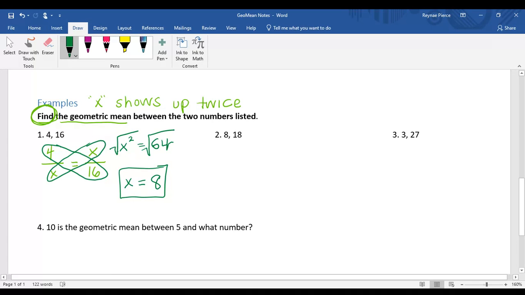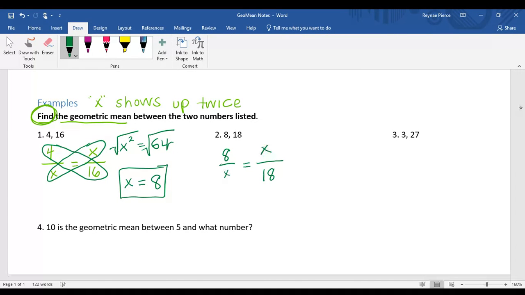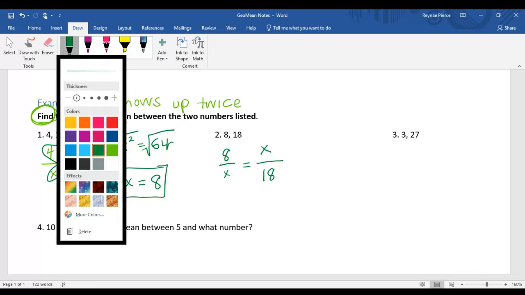Next one, we want to find the geometric mean between 8 and 18. So 8 fills in my very first spot, 18 fills in the last spot of my proportion, and my variable fills in the one top and one bottom.